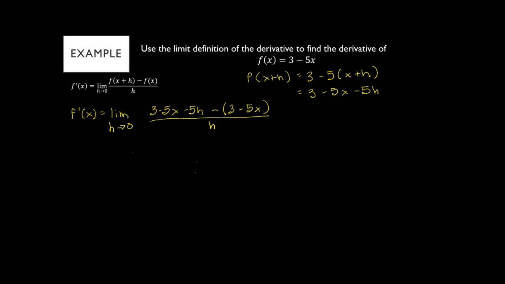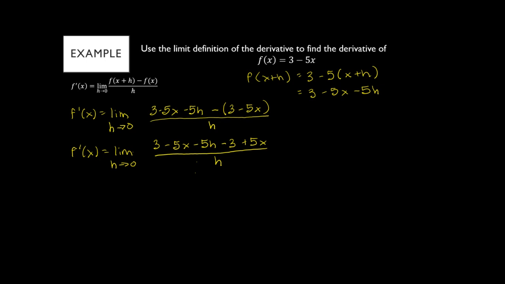So once you've plugged it in, now it's just a matter of doing algebra, because now you're just simplifying the top, canceling out what you can. So we have f prime of x equals the limit as h goes to 0 of 3 minus 5x minus 5h minus 3 plus 5x over h.